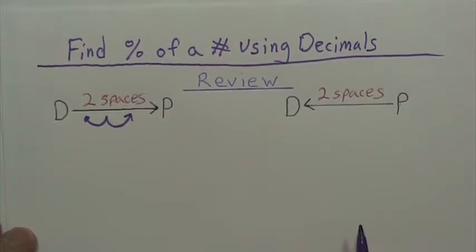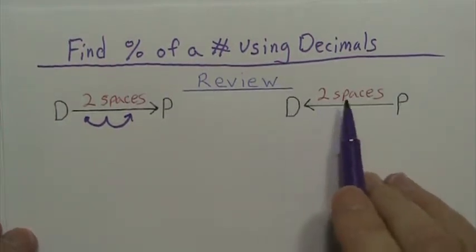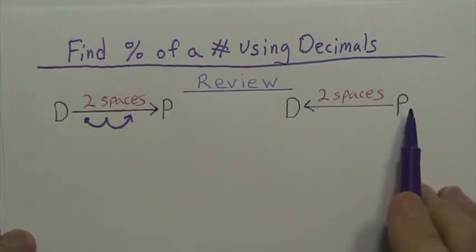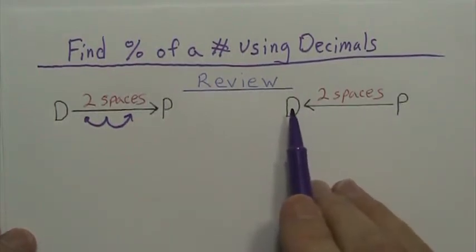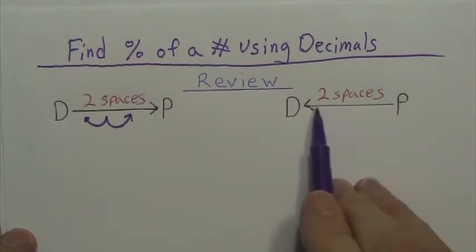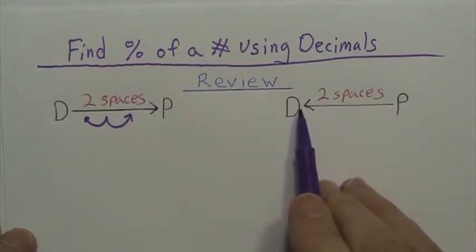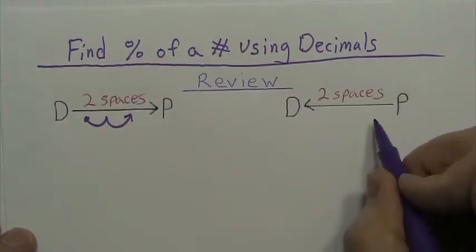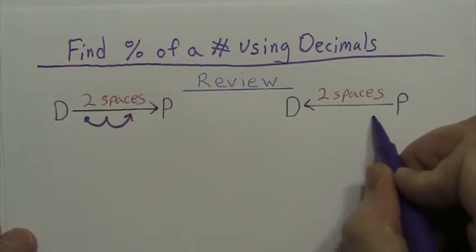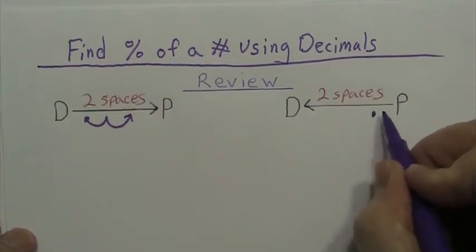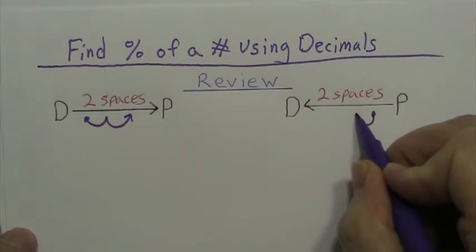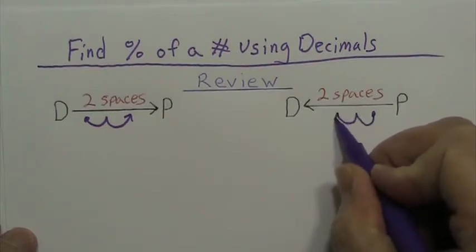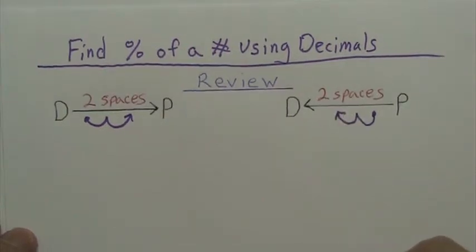What about going from percent to a decimal? You want to go this direction. Then that means I need to move the decimal 1, 2 spaces. That's what it means.